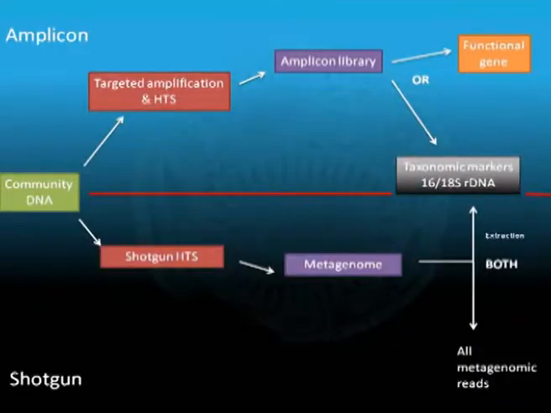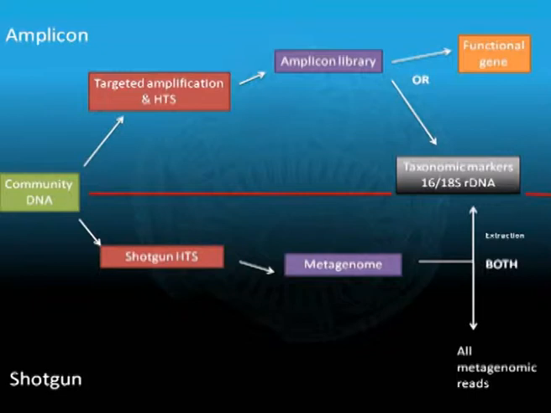You end up with an amplicon library, and your amplicon library will have either a functional gene or probably a taxonomic marker. A different thing that you can do is shotgun sequencing, that is, sequence everything that you have in your sample. You produce a metagenome, and that metagenome will have metagenomic reads, general reads, and also taxonomic markers.